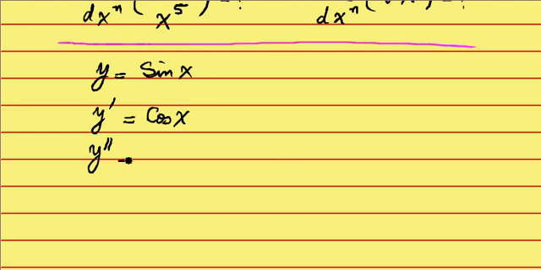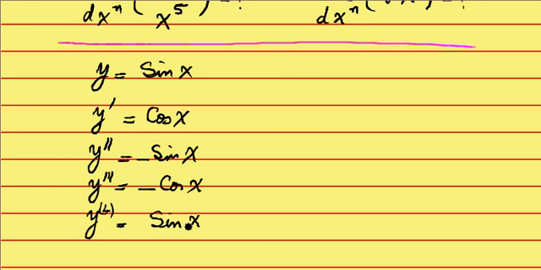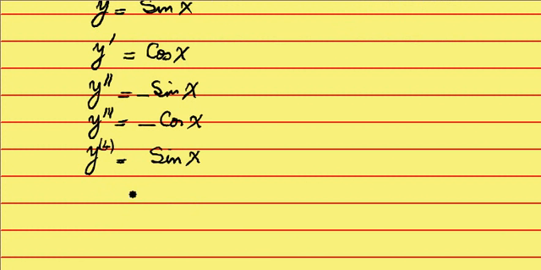Next derivative of cosine is minus sine. Third derivative of minus sine is minus cosine. And the fourth derivative of minus cosine: cosine itself gives you a negative, another negative makes it positive, so we recover sine. What do you think is the next one? The fifth derivative of this is going to be, of course, cosine.